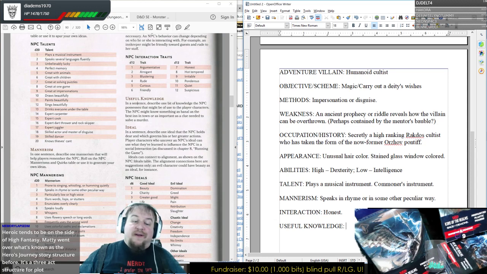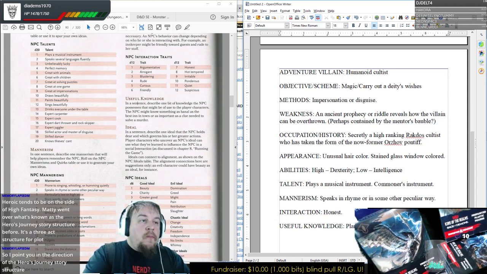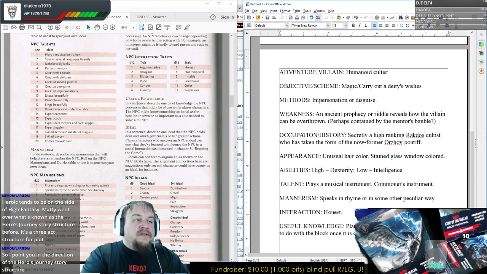What useful knowledge would he have? Well, the plans of the Rakdos, and what they intend to do with the block once it is cleared and free.